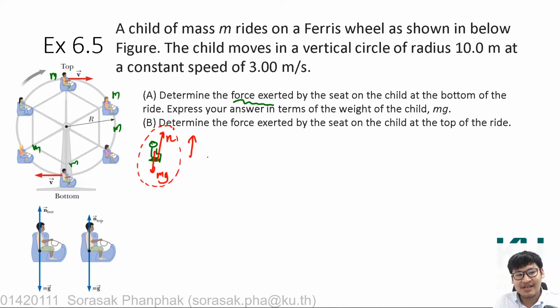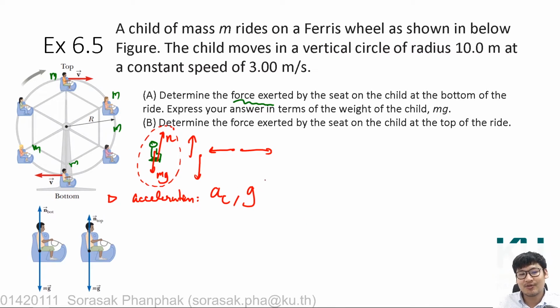Whether acceleration is upward, downward, or leftward or rightward. Why is that? Because the source of acceleration here is not only the centripetal acceleration, sometimes it also has the gravitational acceleration as well. It depends on the position.